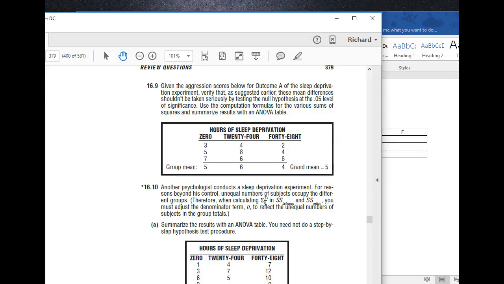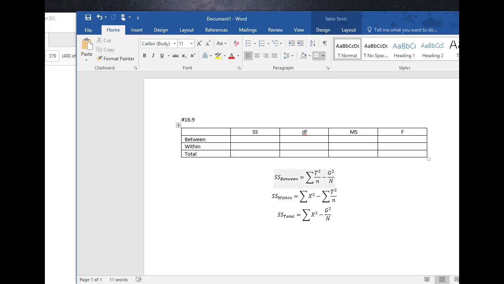For the second column, 6 times 3, the sum is 18, so I'll take 18 squared divided by 3. For the third column, 4 times 3 is 12, so I'll take 12 squared divided by 3. So that's my T squared divided by n, sum them all up, and I'm at 231.